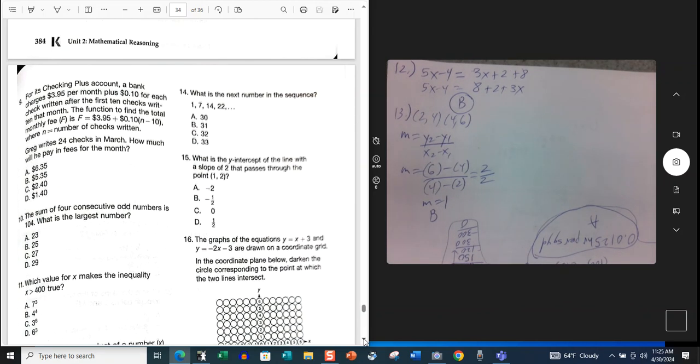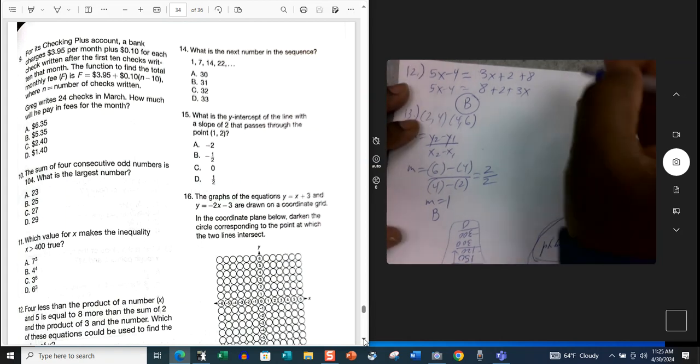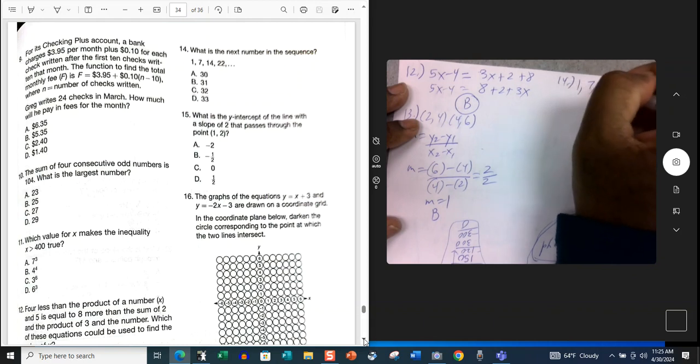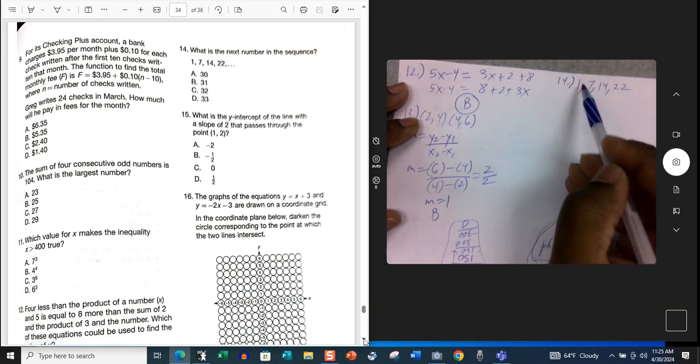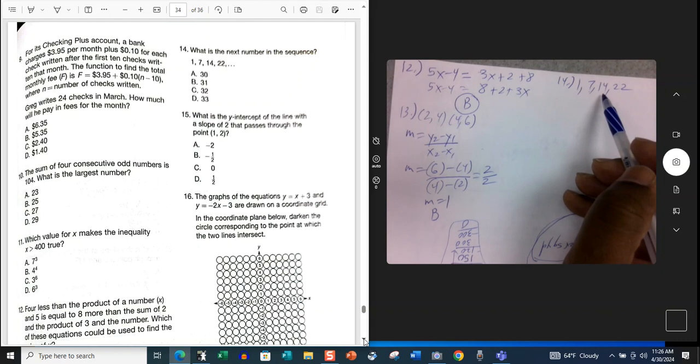Okay, now we go to 14. What is the next number in the sequence? Okay, so now, when we look here at this sequence, we have 1, 7, 14, 22. Now, if we were looking at addition, 1 plus 6 is 7, but 7 plus 6 is 14.